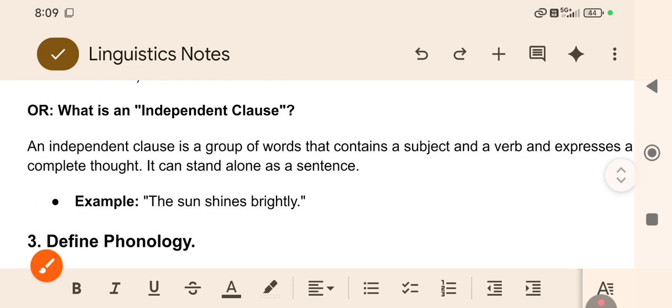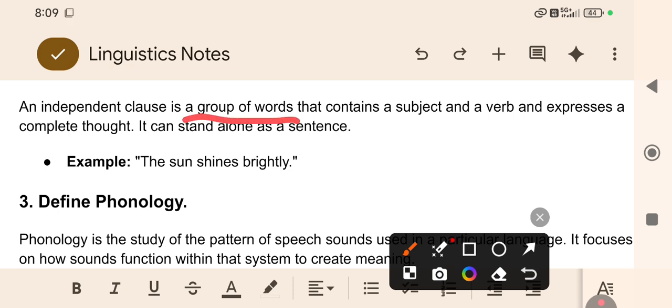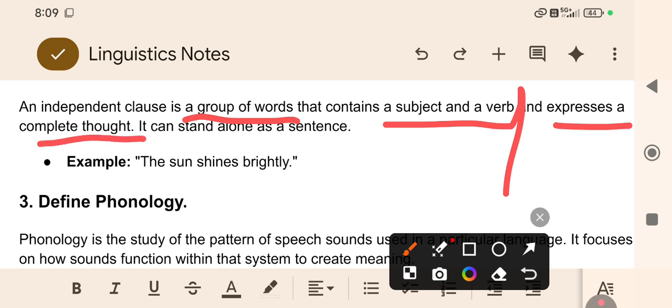Now, independent clause. An independent clause is a group of words that, again, a clause is a group of words that contains a subject and verb, I told you, and expresses a complete thought. It can stand alone, right? The sun shines brightly.